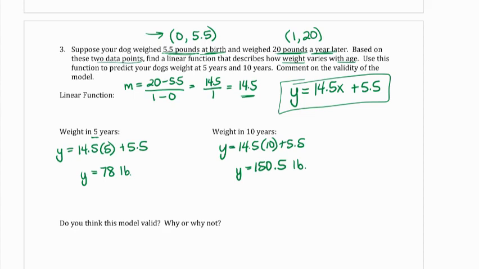So if I started a 5.5 pound puppy, I'm not going to end up with a 150-pound dog after 10 years. So I'd say no, it's not exactly valid because a dog is not going to gain the same amount of weight every single year. Eventually, they're going to top out at max weight. Dog won't gain 20 pounds every year.